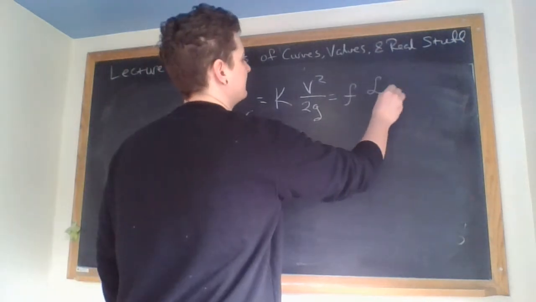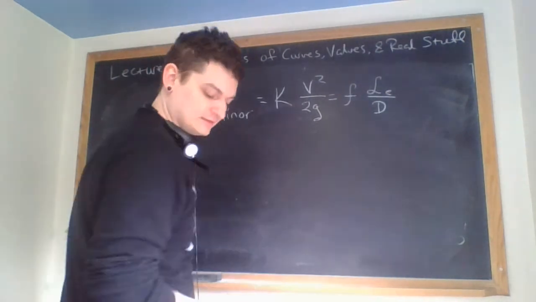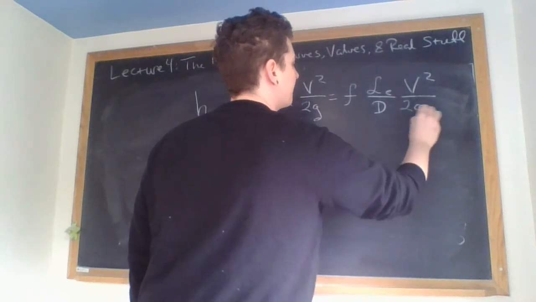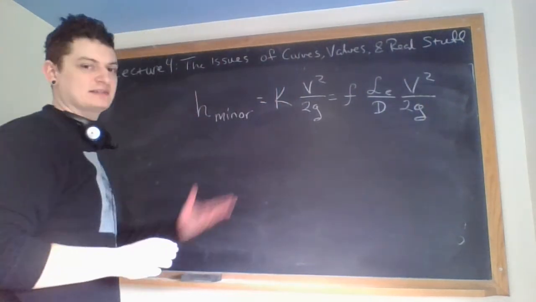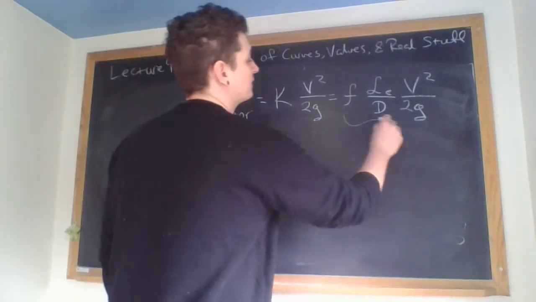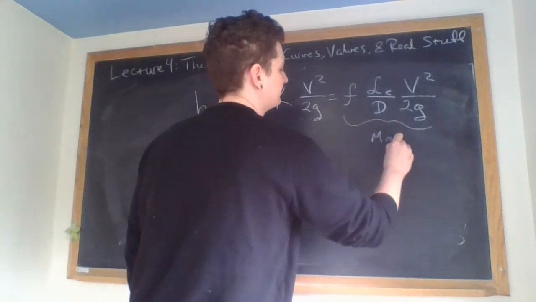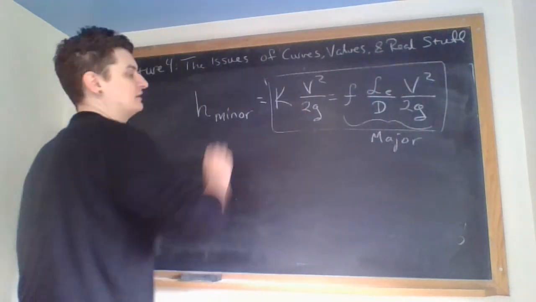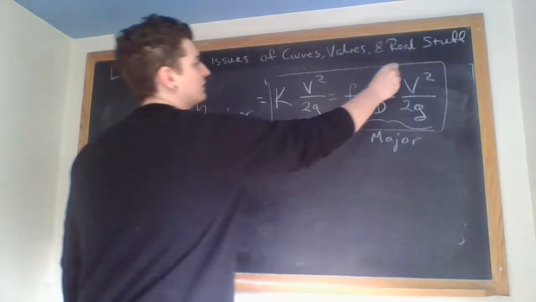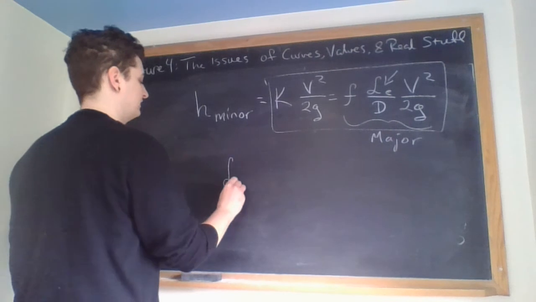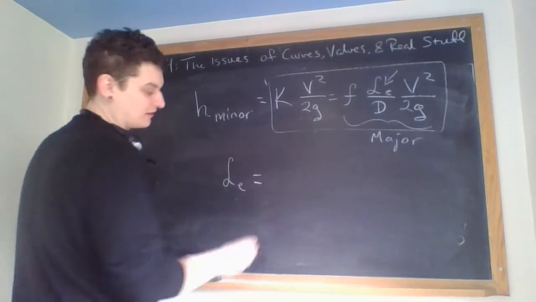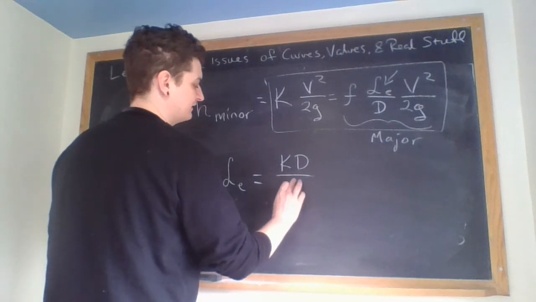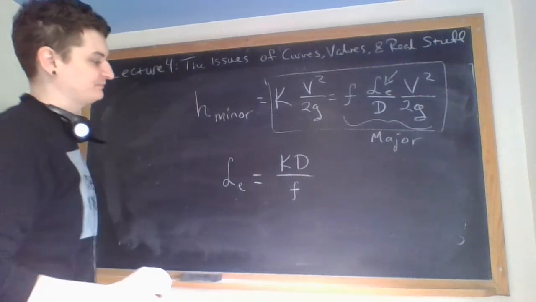So you equate this to this type of expression where you make it look like a major head loss, right? So then you just solve this expression for this value. So equivalent lengths are exactly this. So it seems like extra work, but it turns out to be pretty nice.